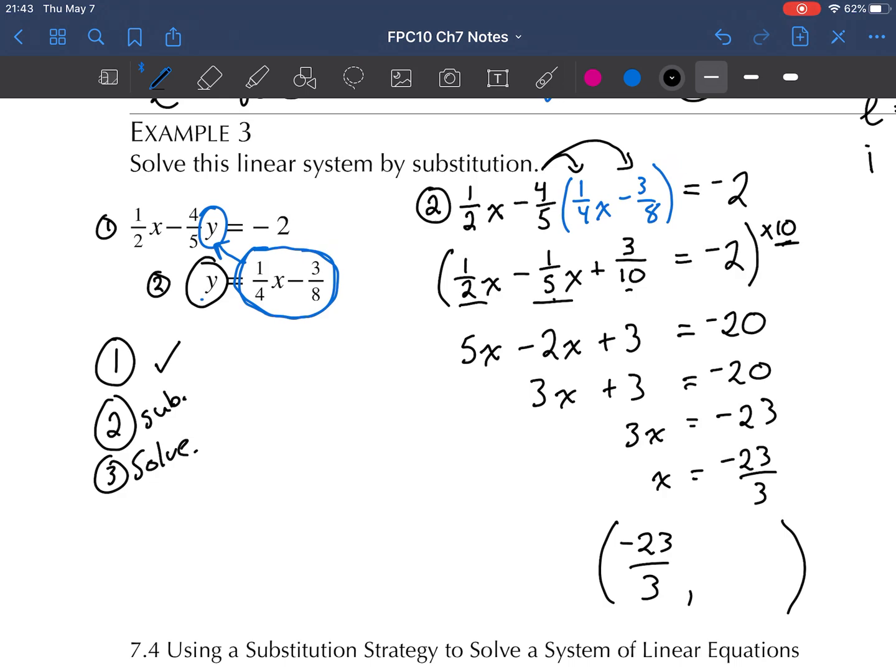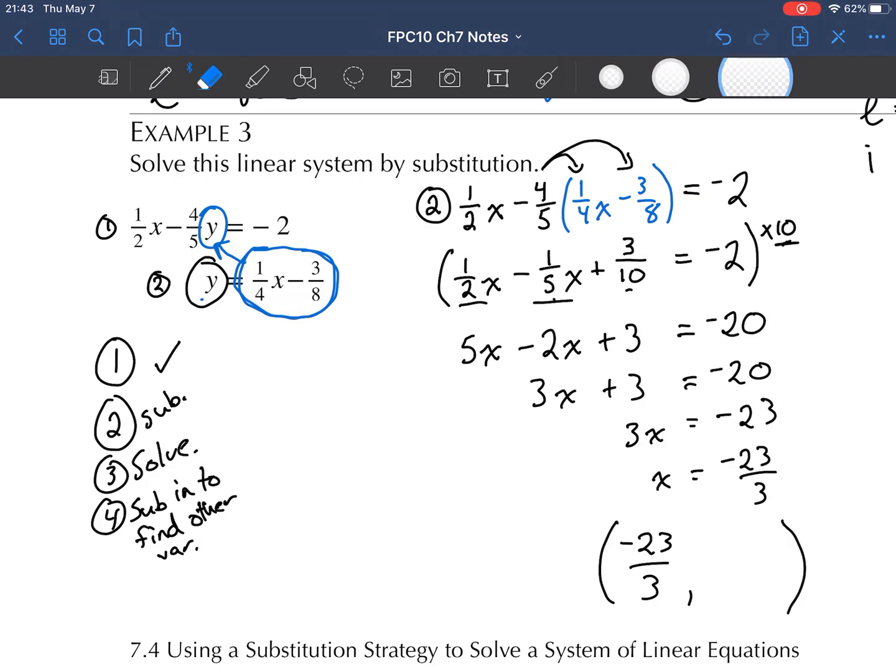Right, now I've solved for x. Now I substitute in to find the other variable. So I've got to substitute this negative 23 over 3 in for x in one of these two equations. I'm going to choose equation number 2, because equation number 2 is a little bit simpler.